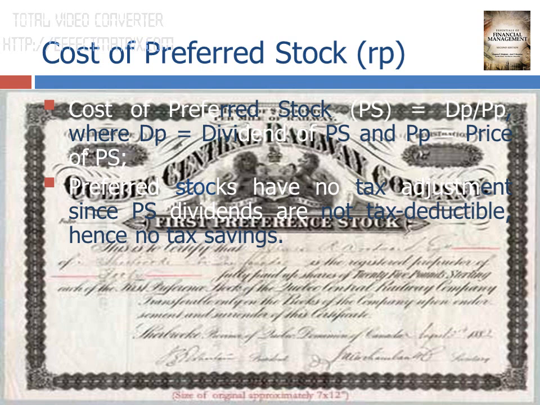But why is it that in some problems you do not see flotation costs for preferred stocks? It's because, probably similar to debt, it's quite small compared to the common stock, and it's possible that there are no flotation costs because preferred stocks can be sold directly to investors. You do not need to go to a middleman or investment bank to sell this preferred stock.